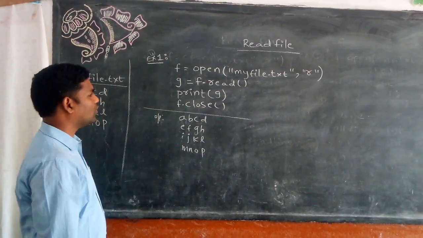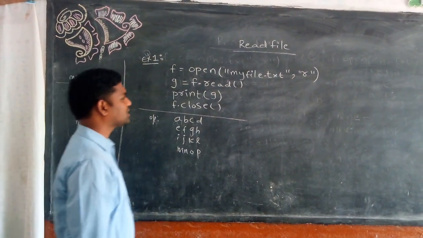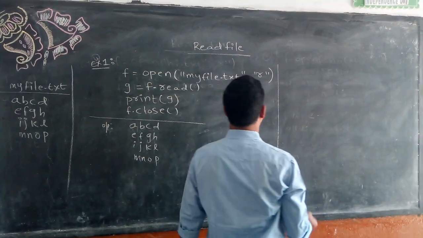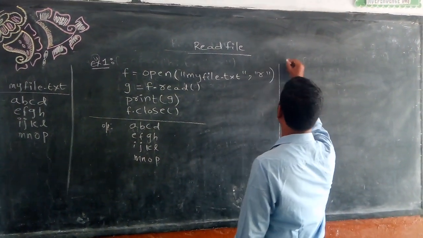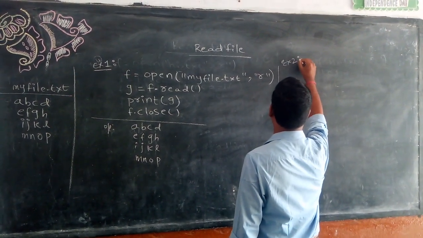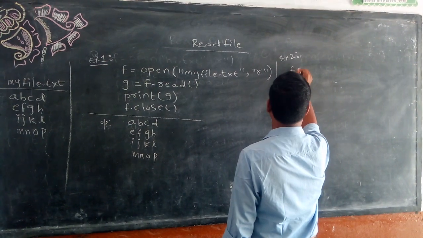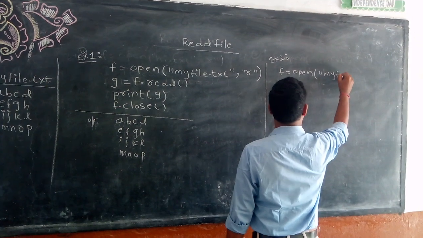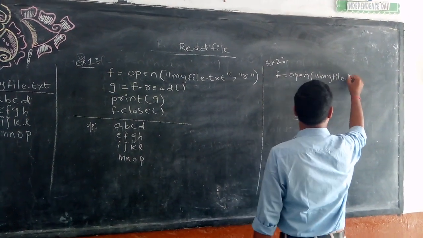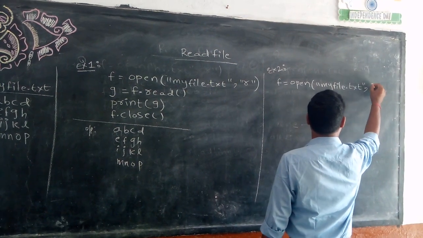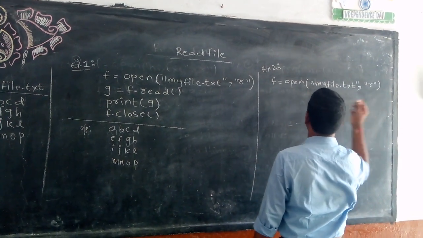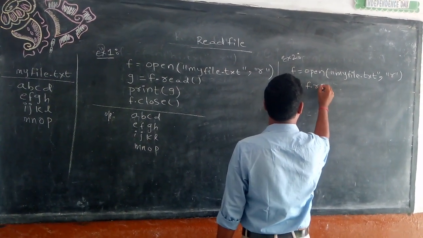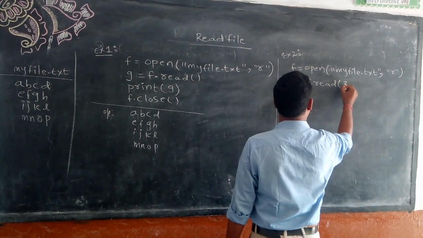So this is how we use the read function. Now I want to use the read function with a number, so let's take example number 2. In this example, again I will open a file, f equals open myfile.txt, comma r as the mode, and I will store the string with f dot read 3.